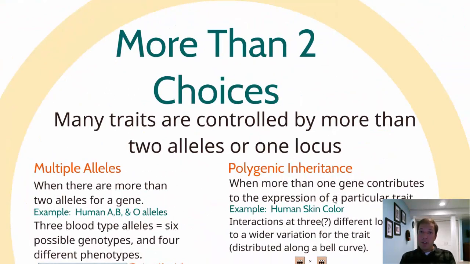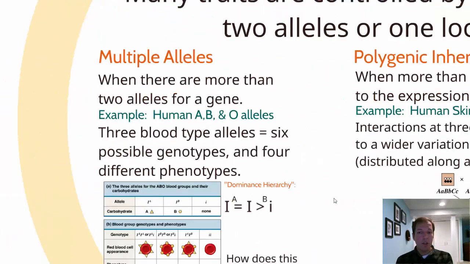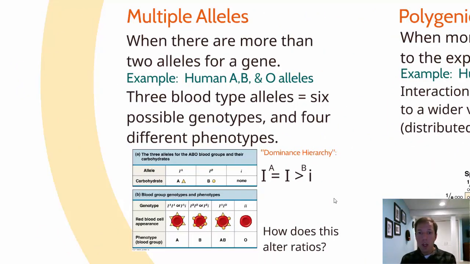Other cases, when we see that there are more than two choices, it's not a dominant or recessive, expressed or not expressed, and this is going to be true again for many phenotypes which are influenced by multiple genes in different spots. So first we have multiple alleles. There can be more than two alleles for one particular gene. So in the case of blood type, there are 3 alleles, the allele for A, for B, and for O type blood.